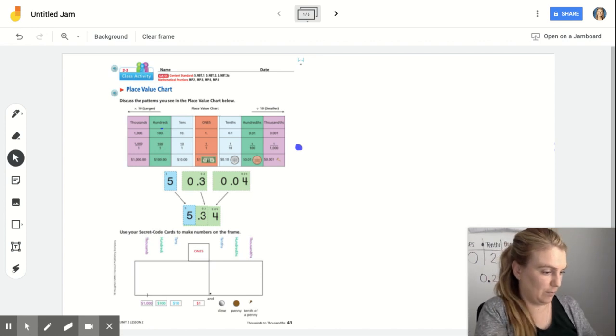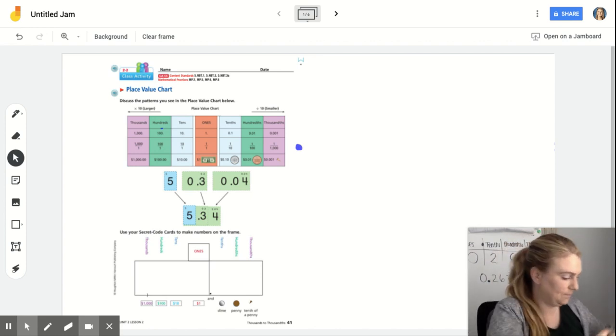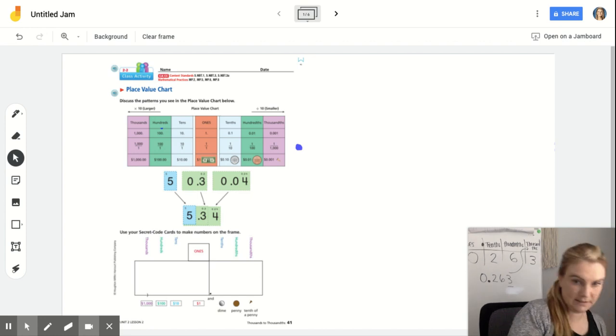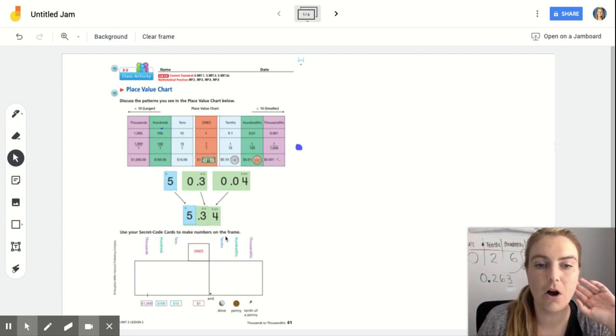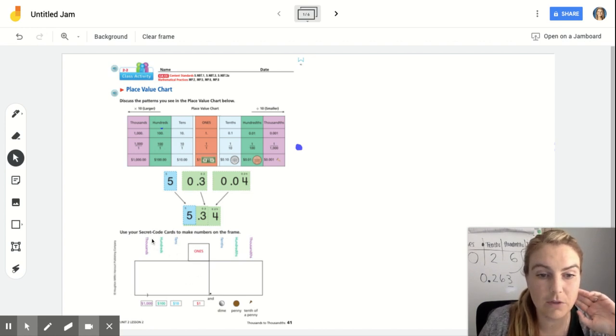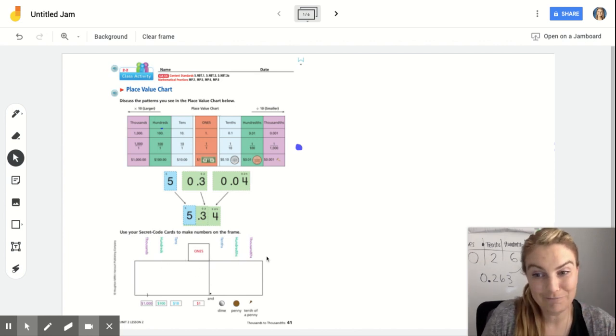Get yourself organized with your book near you as well. It says, use your secret code cards to make numbers on the frame. They have a frame here that has your place values all sorted out. And we're basically going to be creating numbers with our secret code cards.